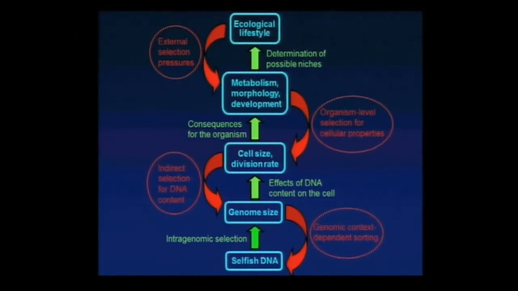If you have a huge genome, you're not likely to be a group that can fly or develop rapidly. But it goes the other way as well. So if something changes at the ecological level, flight is evolving or high metabolisms are evolving, there may be pressures related to metabolism or development which can influence the evolution of traits at the cell level, including cell size and cell division. These will create indirect selective pressures on genome size because of its close link to cell size and cell division, which will create a process of sorting among elements within the genome.